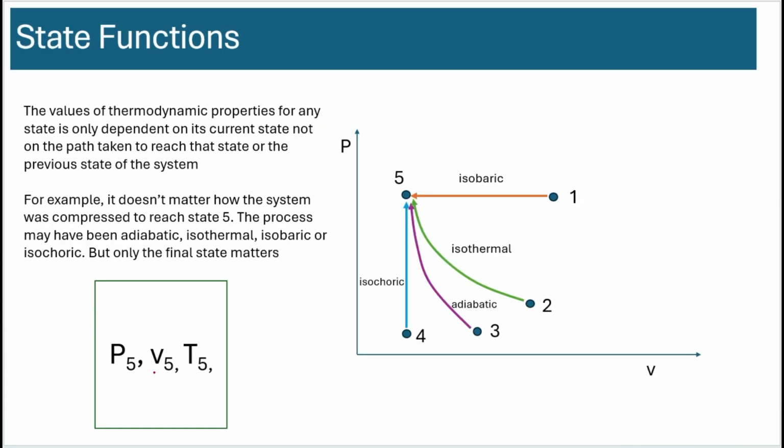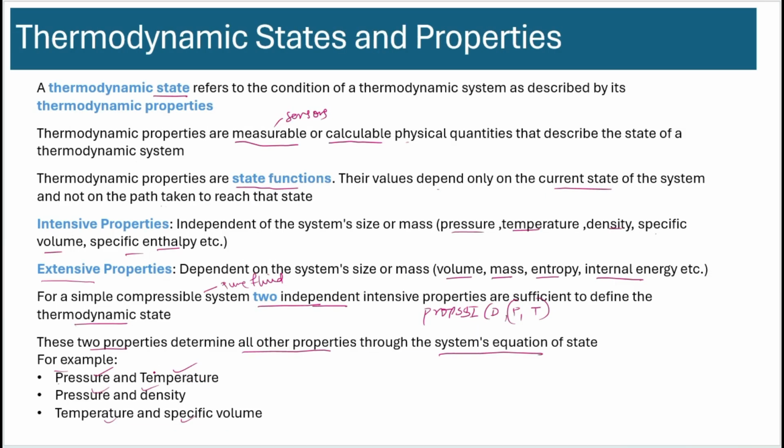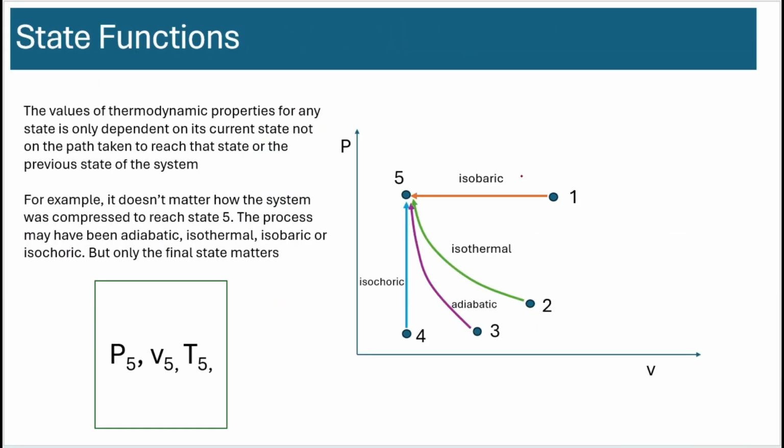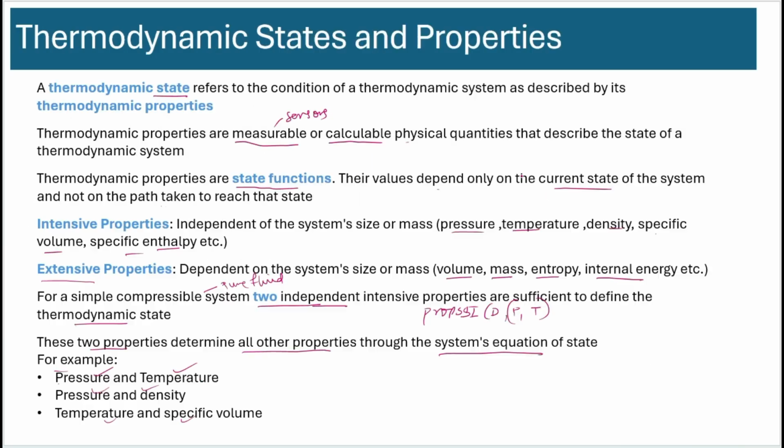Now, we mentioned earlier that property is a state function, right? That it only depends on the current state of the system and not on the path taken to reach that state. So let's say you have a bottle of water here.